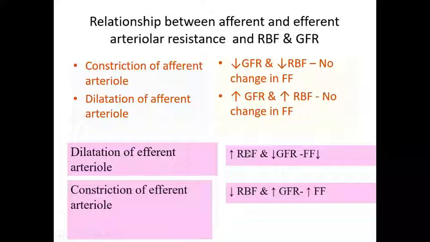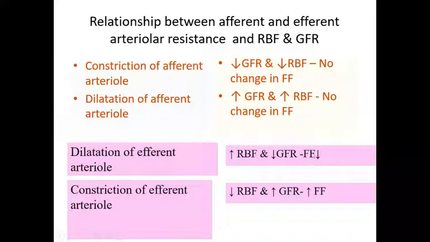So if the renal plasma flow is increasing but the glomerular filtration rate is reducing, when you divide the glomerular filtration rate by the renal plasma flow, your filtration fraction is going to decrease, because the numerator is reducing and the denominator is increasing. So the filtration fraction is going to decrease.